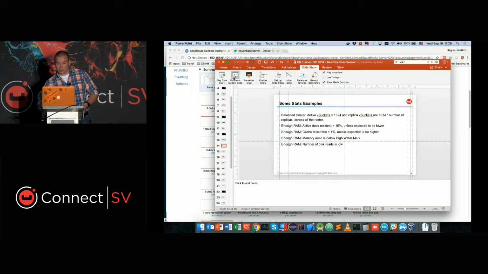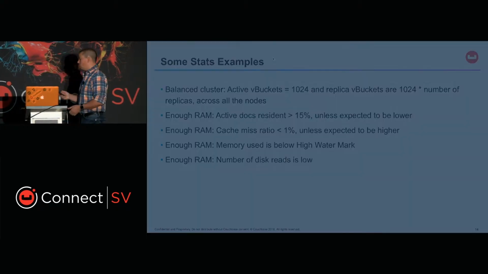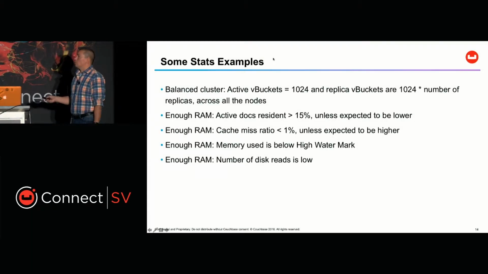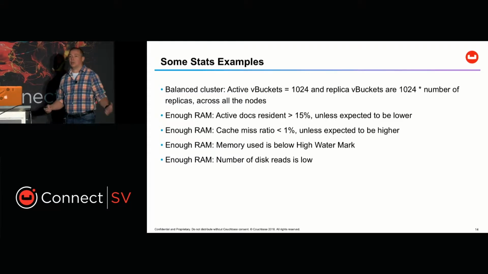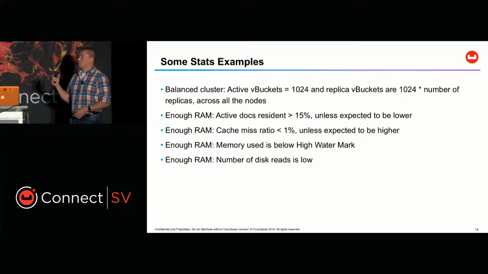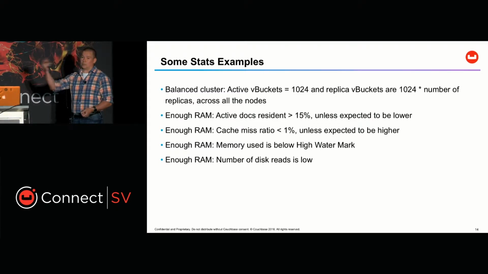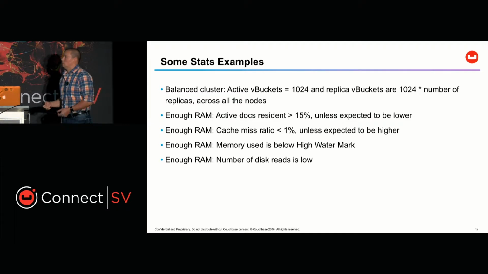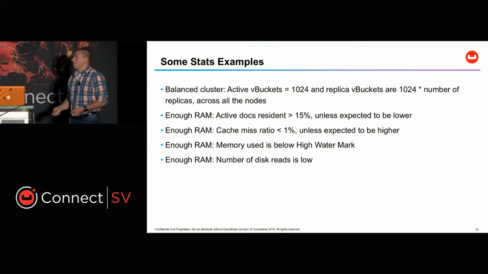So a few other things to look out for. As far as RAM goes, cache miss ratio is another metric. Cache miss basically means that your client requested the document. This request came to the cluster, and the document was not in the memory. So now Couchbase is forced to go to the disk and read that document into memory and then serve it back to the client.